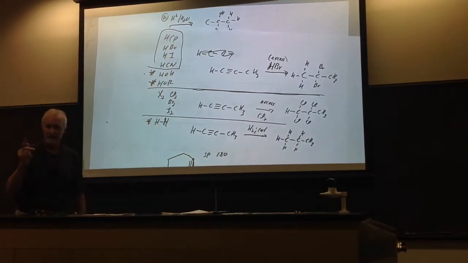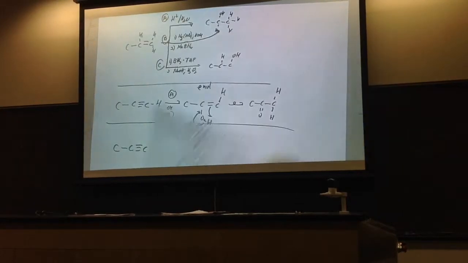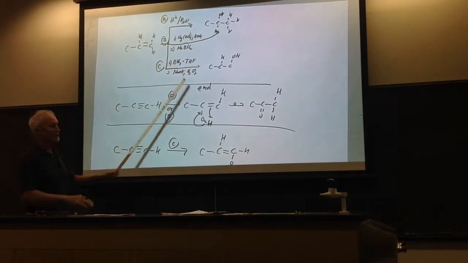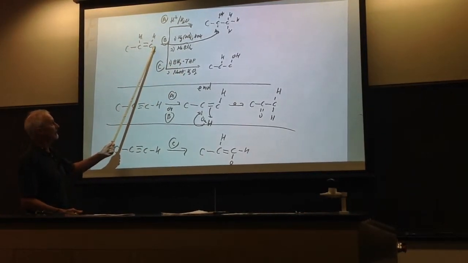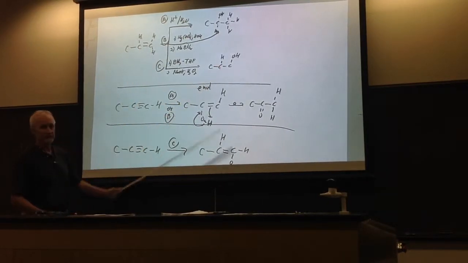The only exception so far that we've seen where you get anti-Markovnikov orientation is if you use these special reagents right here, you reverse it. This carbon doesn't get the hydrogen. It gets the OH, and this carbon gets the added hydrogen.